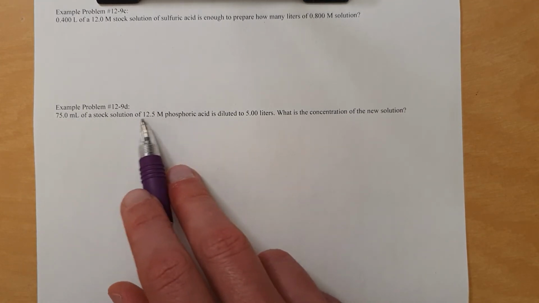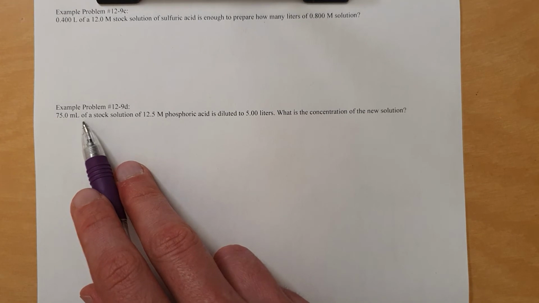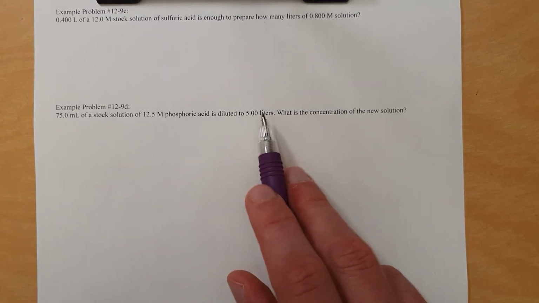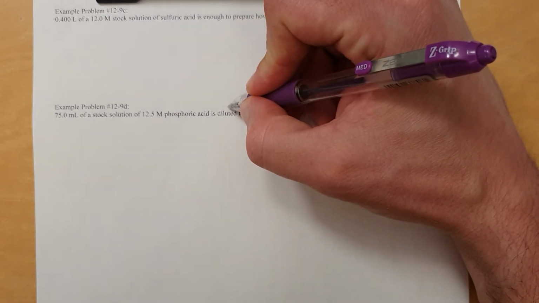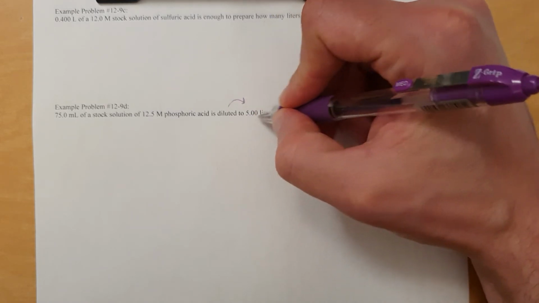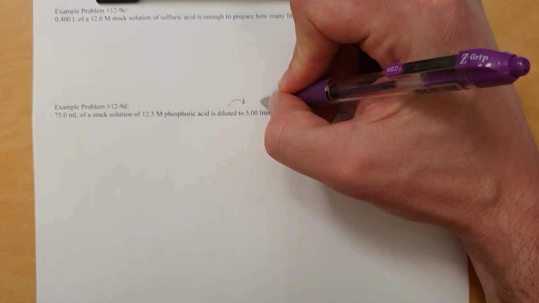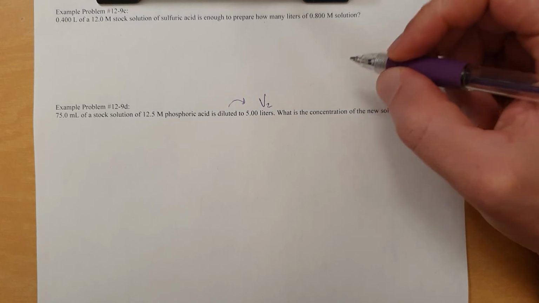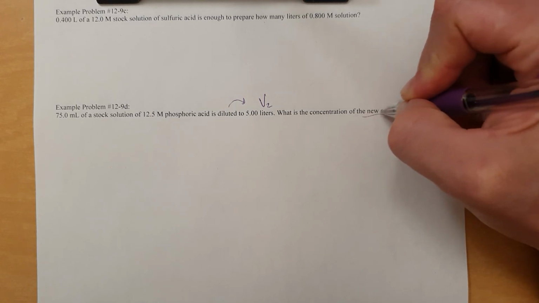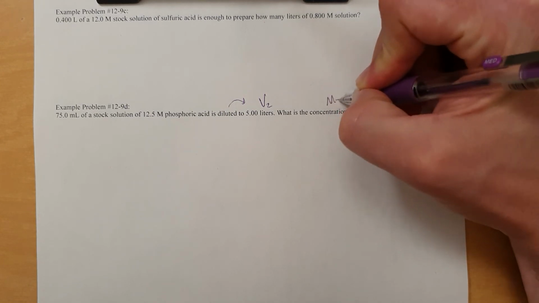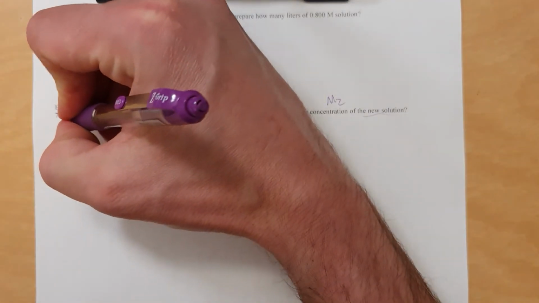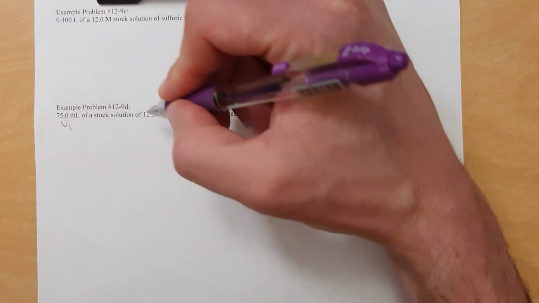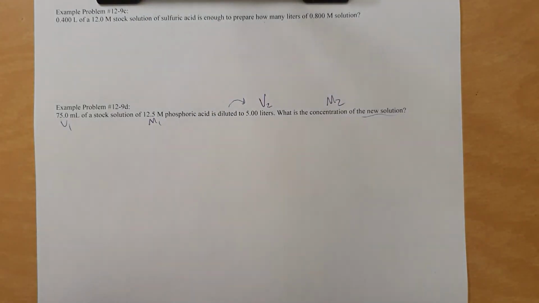So it says this volume of this concentration is diluted to that. So when you dilute it to this, this is your final result. And since this is a volume, this is volume 2. What is the concentration of the new solution? This means your ending solution that you get at the end. So this is your M2. So this is volume, so this is V1, and this is molarity at the beginning, so it's molarity 1.